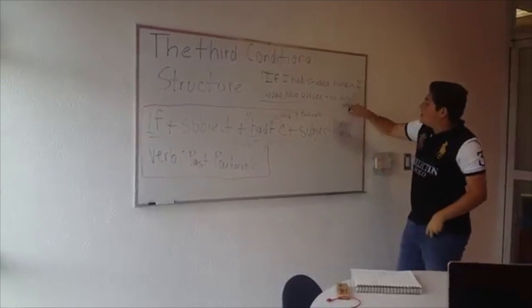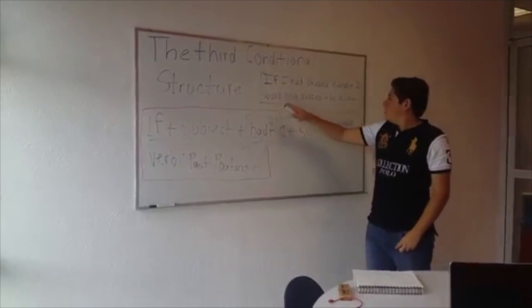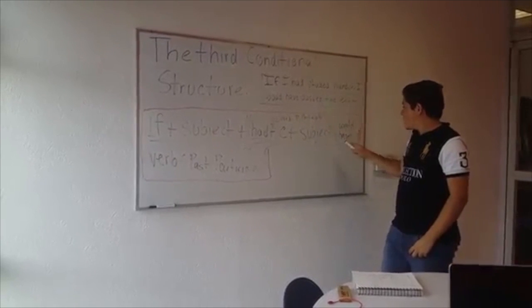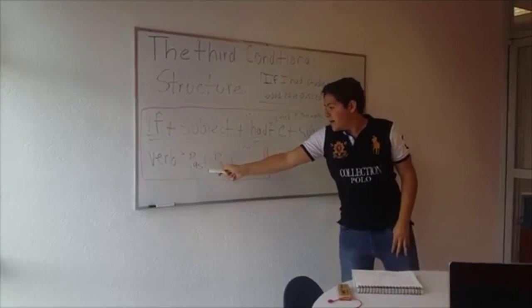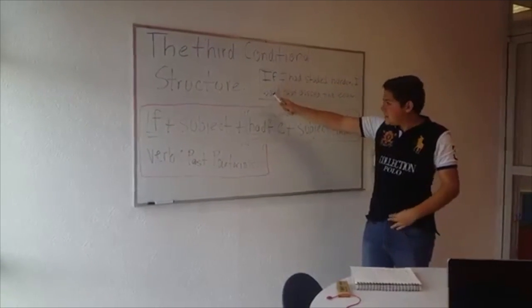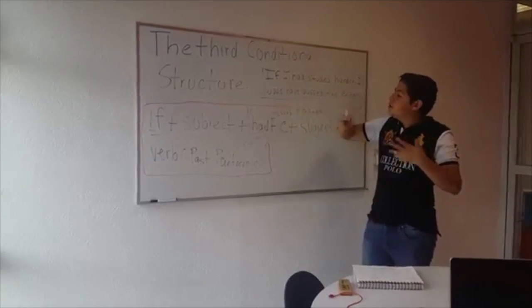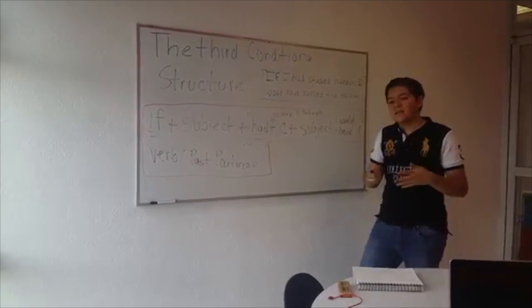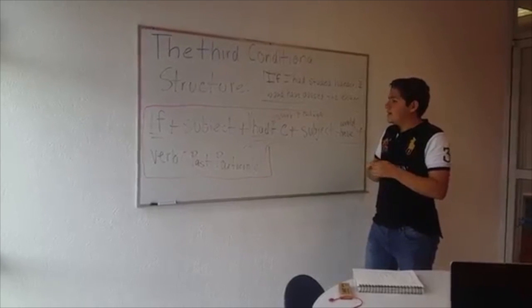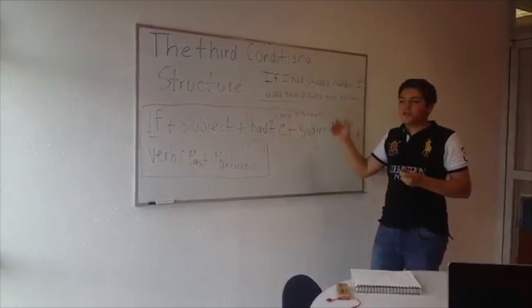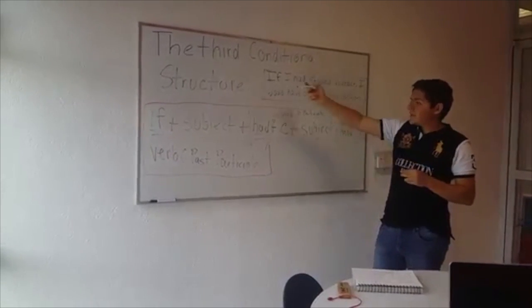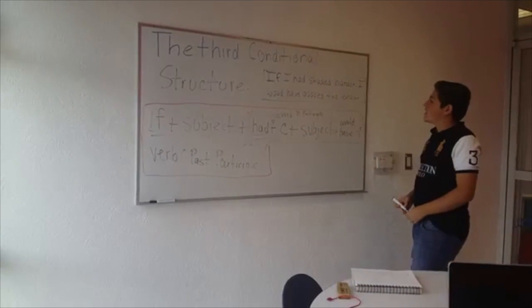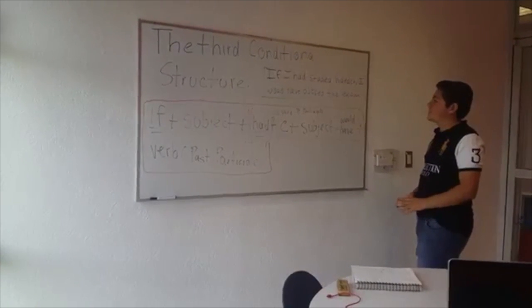Again, I, the subject, would have, the verb in past participle, or it could be could have passed or might have passed. This is how the third conditional works. If you see the example: if I had studied harder, I would have passed the exam.